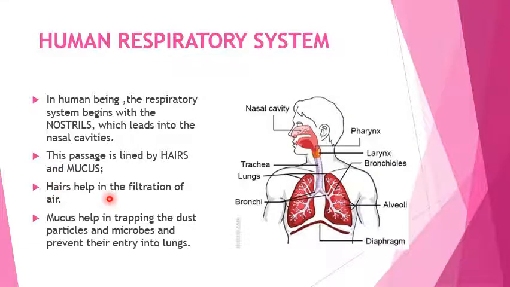Hairs help in filtration of the air, whereas mucus helps in trapping dust particles and microbes and prevents their entry into the lungs. So the hair and mucus have their special role, that is filtration as well as trapping dust particles and microbes, so that the air we inhale is free from these substances.